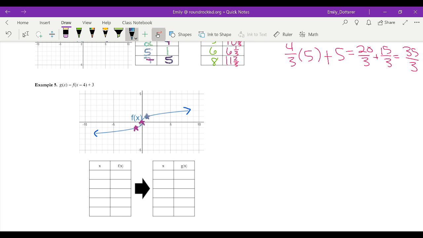So we've got 1, 1 and -1, -1. Then we've got 8, 2. And -8, -2.